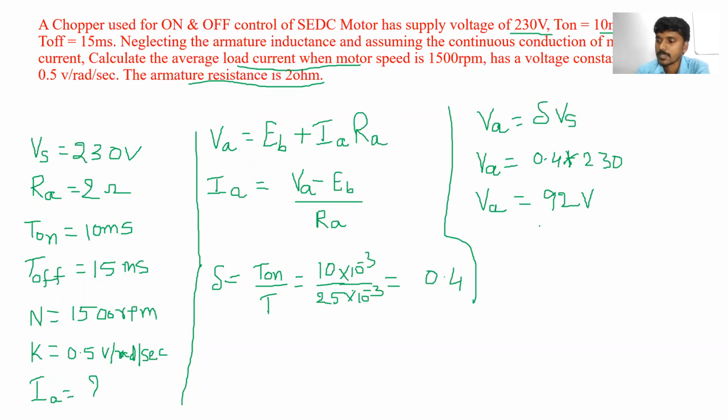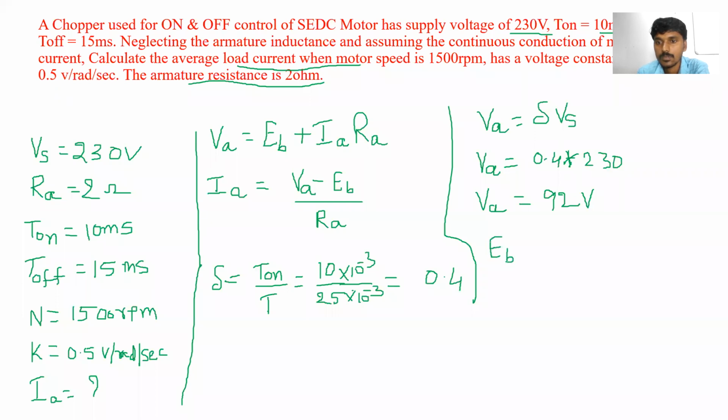Clear? So next. Now we know the value of VA and also the value of RA. But we don't know the value of EB. Do you know EB?